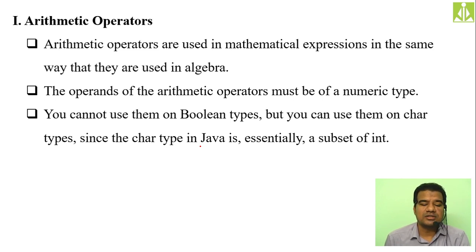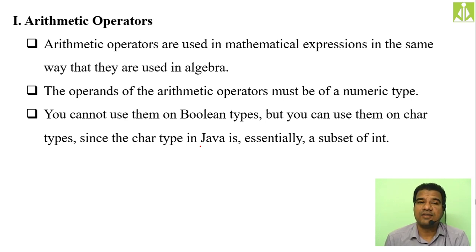The operands of the arithmetic operators must be of numeric type. So we can't perform these arithmetic operations between boolean types or string types. We always have to perform these arithmetic operations between numeric types. There is one exclusion to this statement, that is character type. You can also perform arithmetic operations between character types, because characters are a subset of integers.